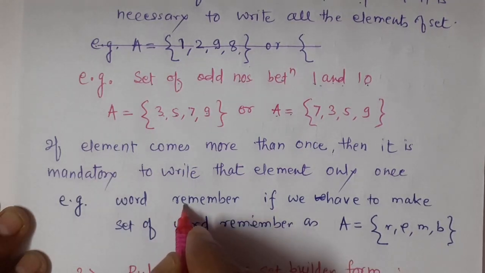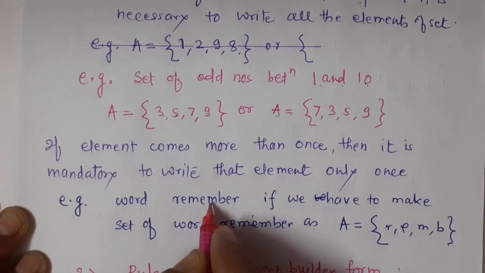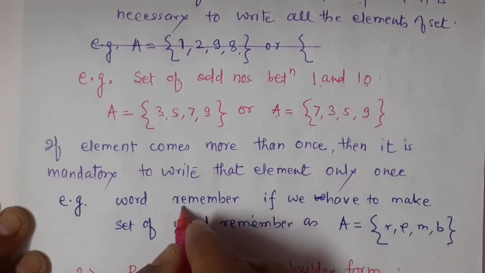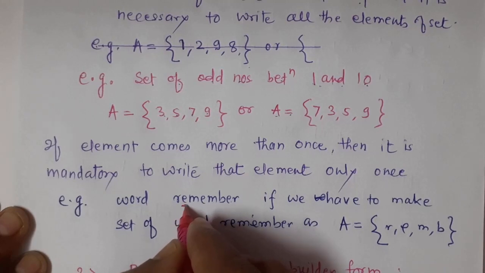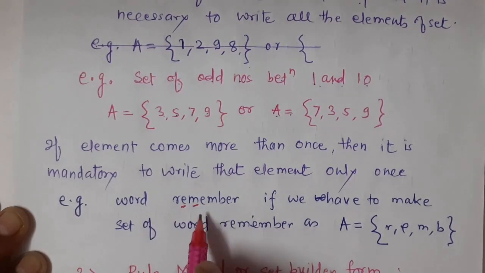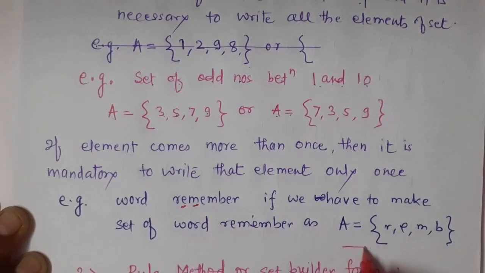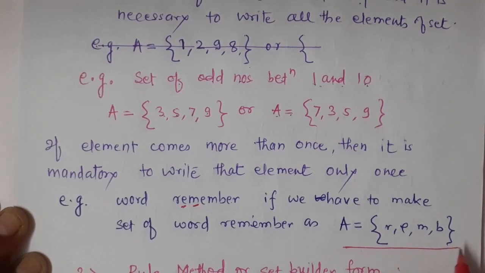R, E, M, E, M, B, E, R. But whatever letters are repeated, suppose E is repeated, M is repeated, in writing the set you have to write it in such a fashion that no letter is repeated.